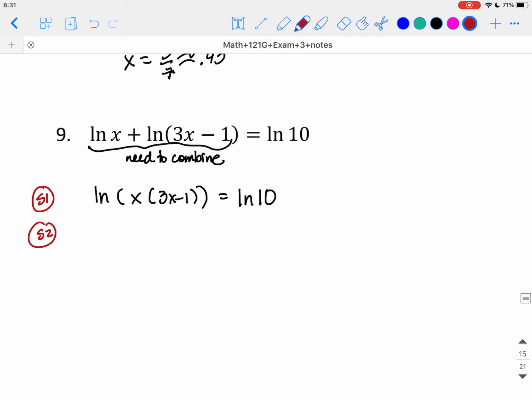All right, so step 2. We're going to exponentiate. So my base is e. So I'm going to do e to the ln of x parentheses 3x minus 1 is equal to e to the ln of 10.